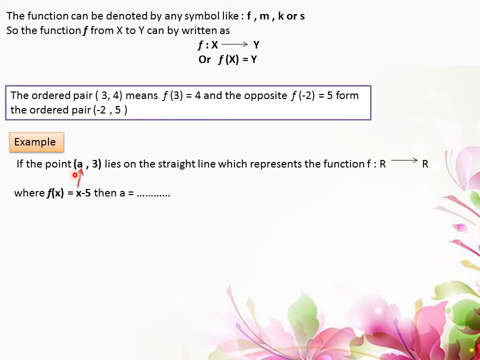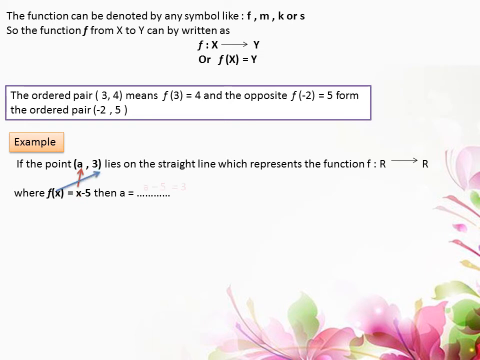We said that if we have an ordered pair, the first projection is x, and the second projection is the image of x. The image of x is f of x. So f of x equals 3. We can replace f of x by 3 and x by a.